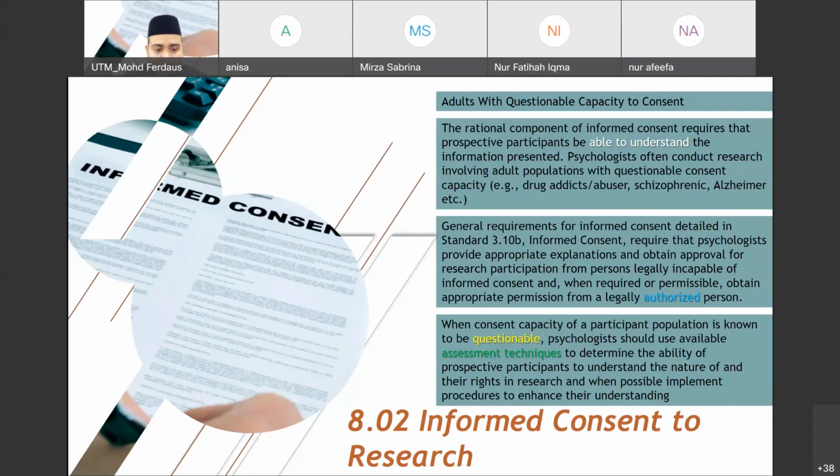If there is no other person to give you the information, you need to test them. You need to give an Alzheimer's test, or observe them, or give any assessment or survey to make sure that they are able to think and evaluate as a normal person. That is for the informed consent issues with adults with questionable capacity to consent.